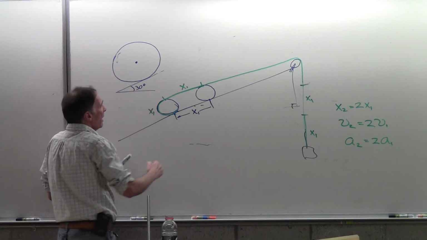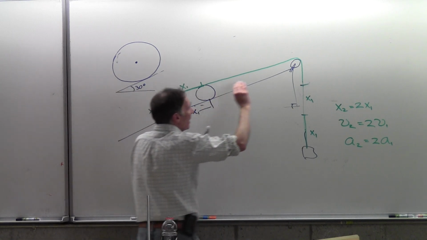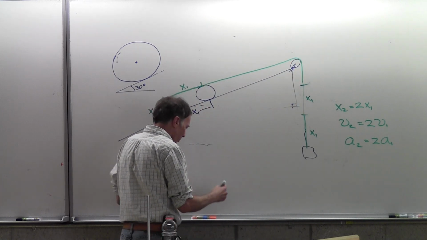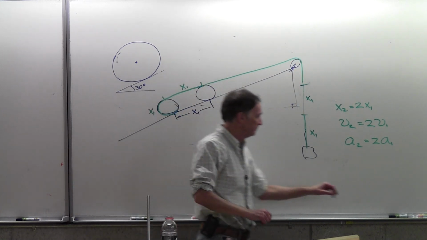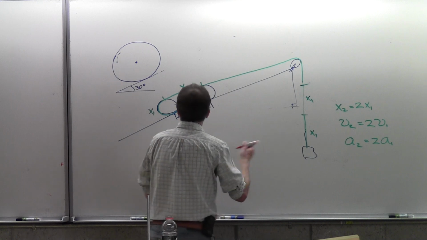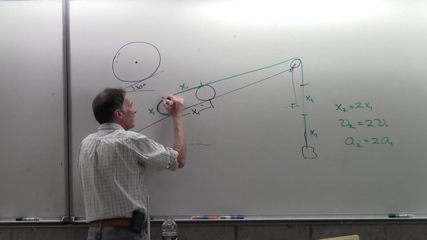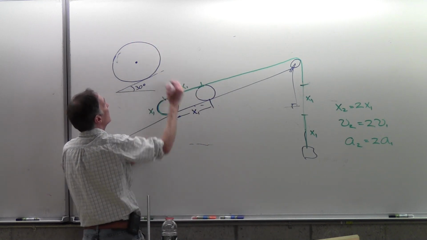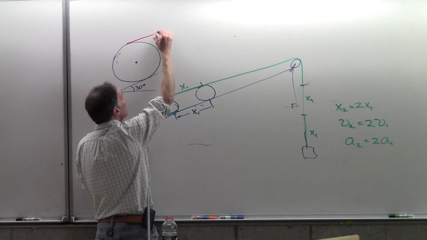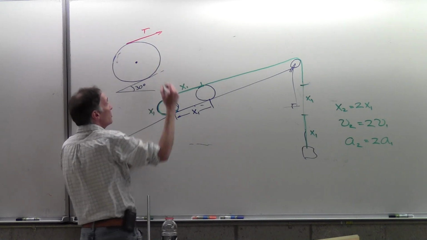And through this thing, now here I think we can call the tension on these things. We're going to have a tension back in this direction. Let me indicate it here. So this is going to be tension T.